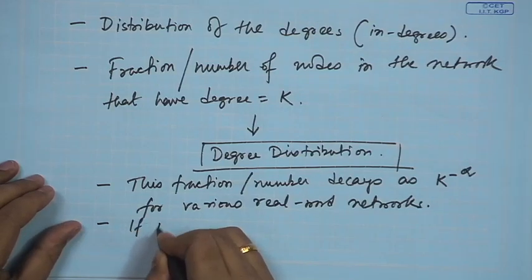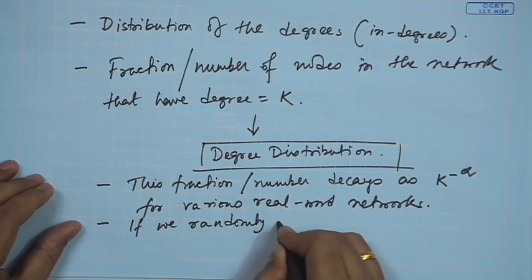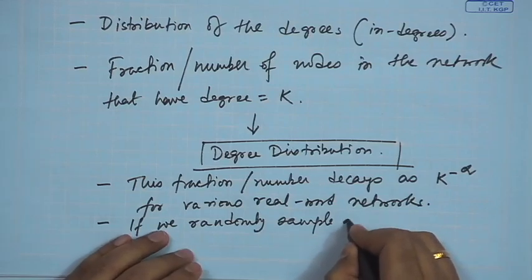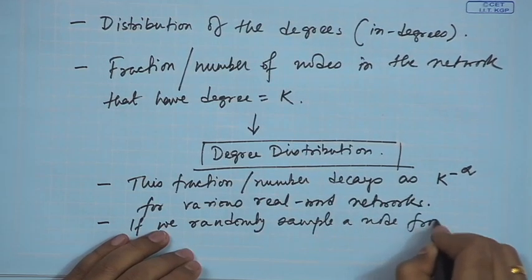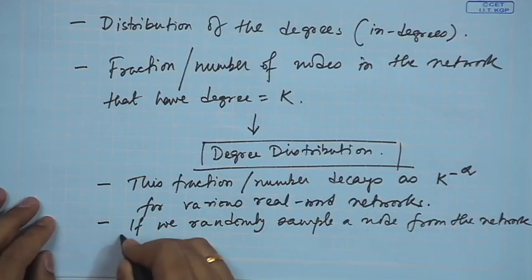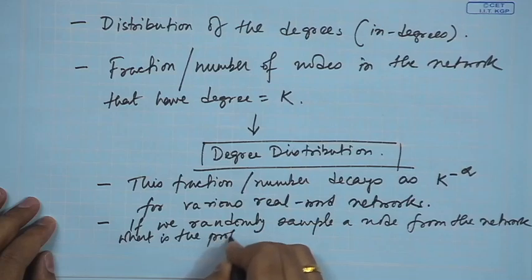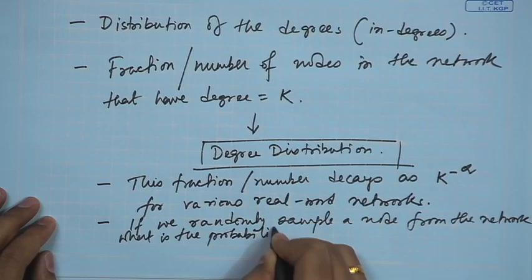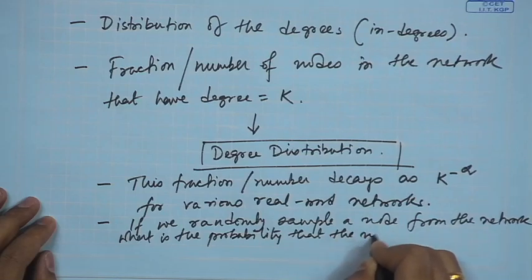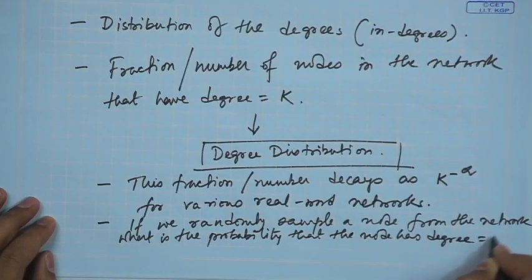If we randomly sample a node from the network, what is the probability that the node has degree equal to k?